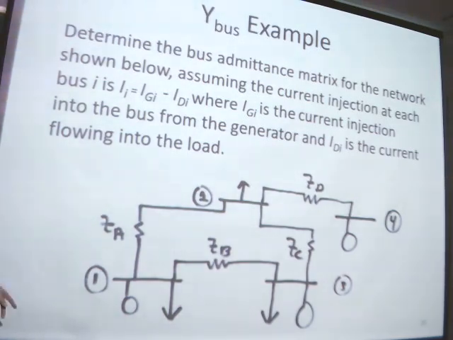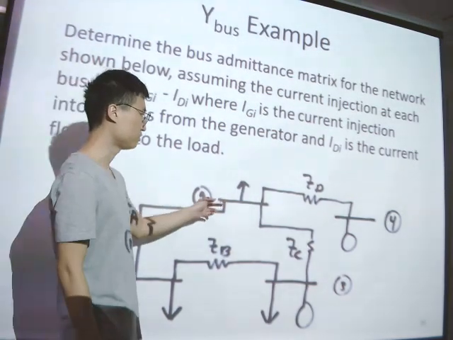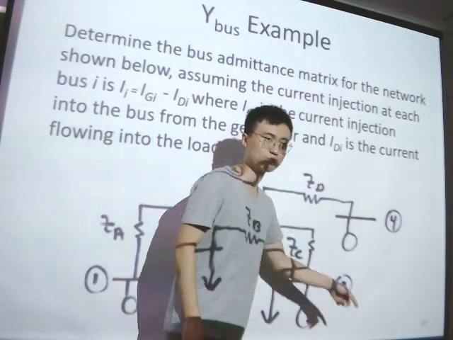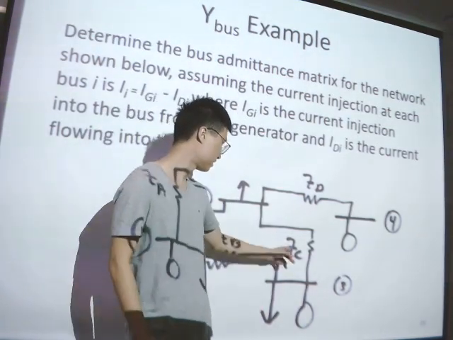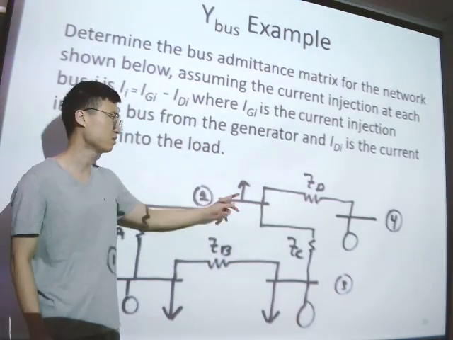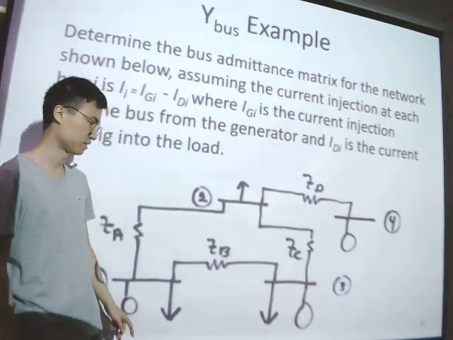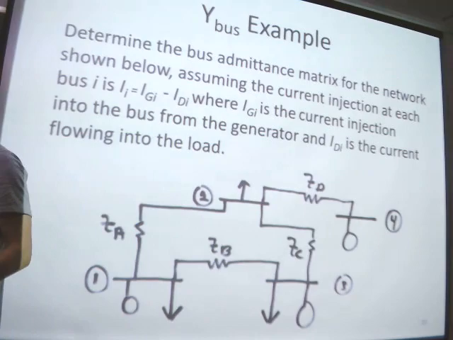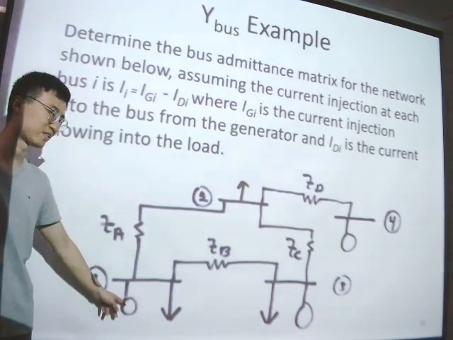For this you can see bus 1, bus 2, bus 3, bus 4, and here are the nodes. The arrow is the node, and here is the generator, so it's a circle generator node.